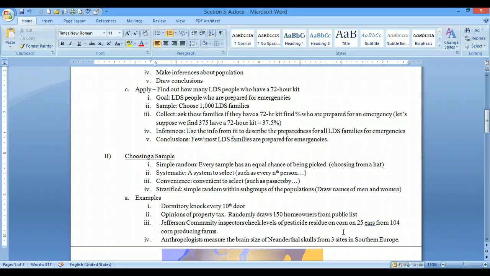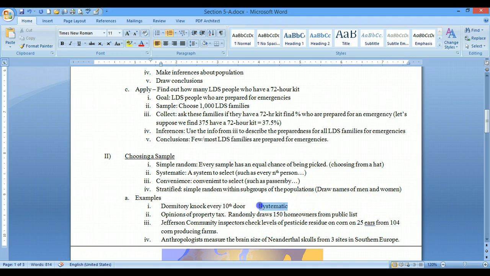All right, here's a couple of examples and we're going to label them. If I have a dormitory and I'm knocking on every 10th door, is that simple random, systematic, convenience, or stratified? In this case, because it's every 10th door, it's systematic. Number 2.